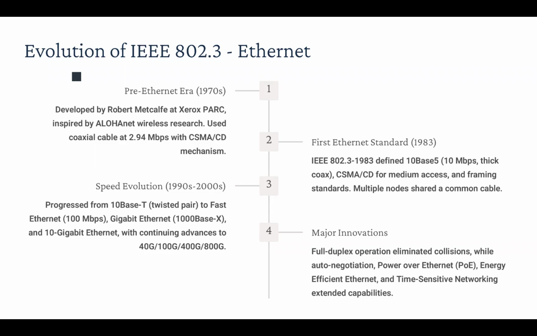The technology continued scaling to 10 gigabit Ethernet, 40, 100, 400, and recently 800 gigabit Ethernet. So it addressed the growing demands in data centers and clouds.